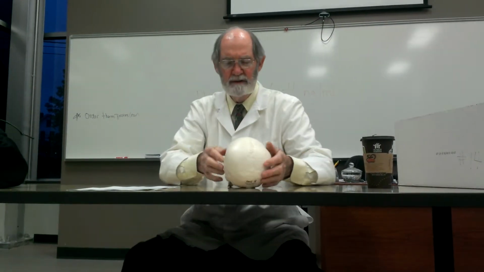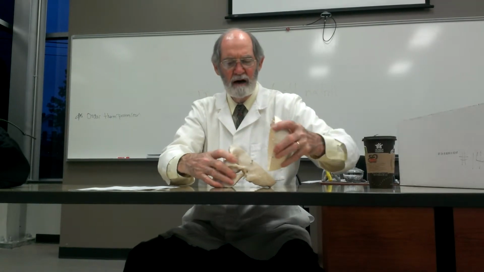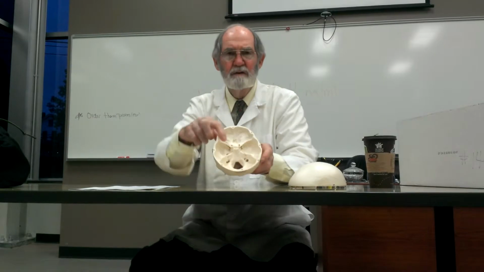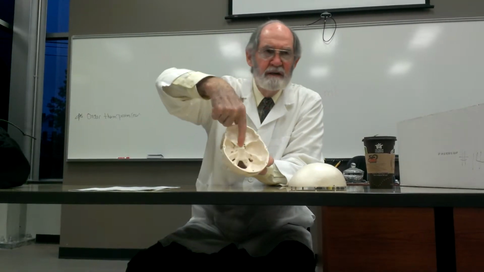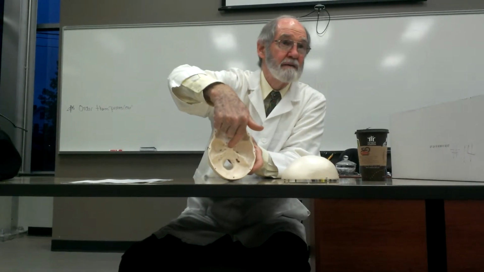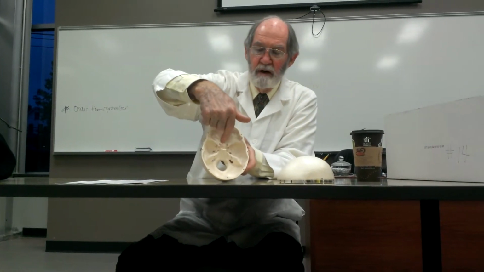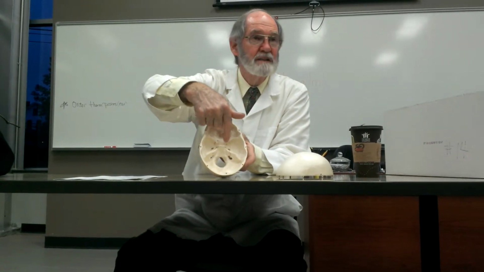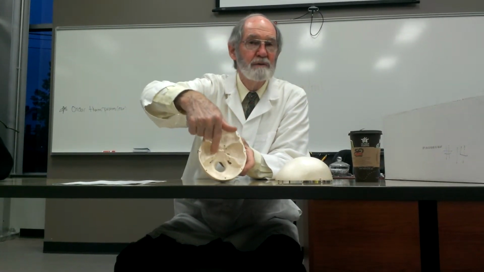Okay, the next one, I'm going to take the top off the skull and show you the bone, the depression right here where my finger is sitting, in the center of the bone, in the center of the cranium. Okay, this bone is called a sphenoid bone, and it's a butterfly-shaped bone in here.